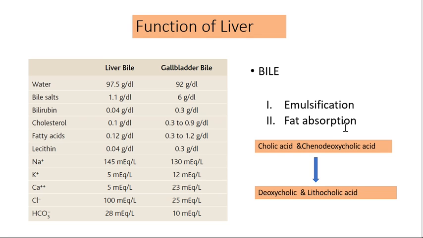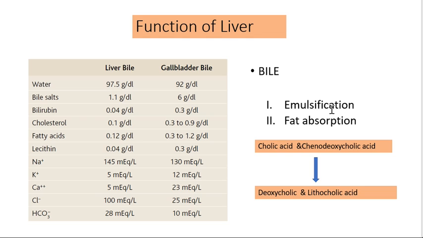The second thing is fat absorption. The bile components, that is bile acids, being amphipathic in nature, that is, both hydrophilic and hydrophobic, arrange around the fat droplets and form micelles, which help in fat absorption.